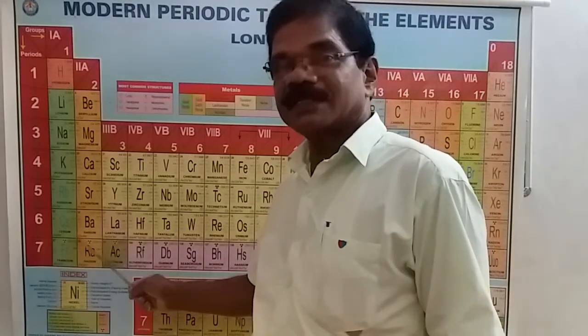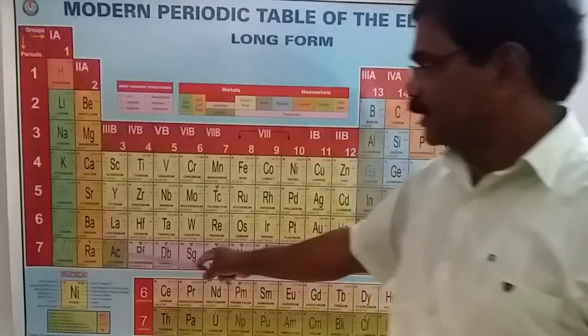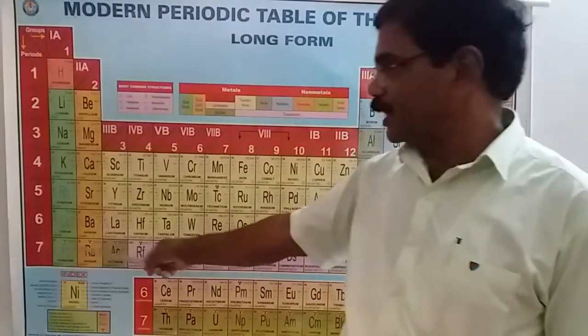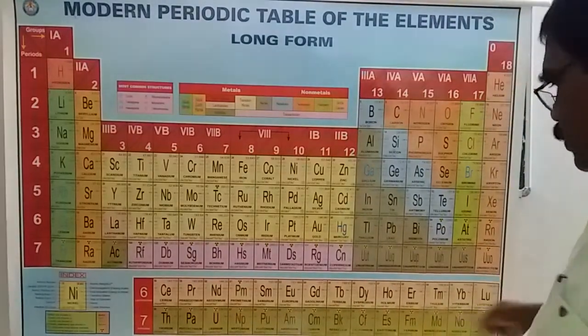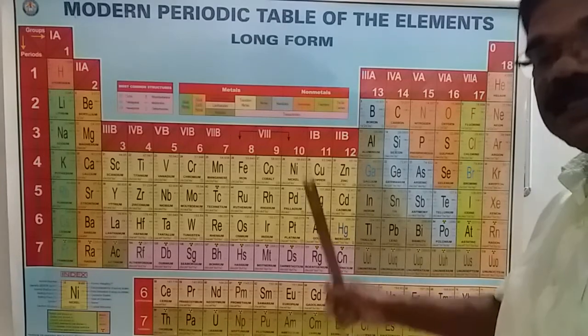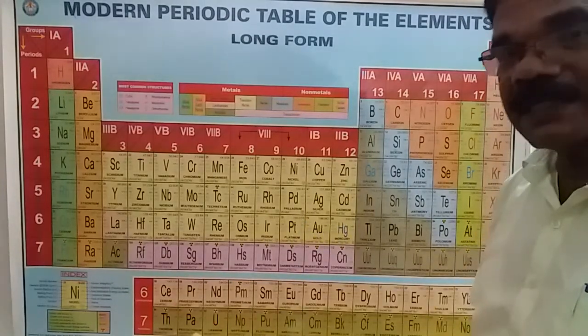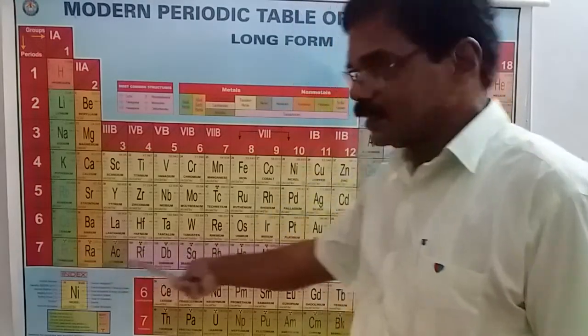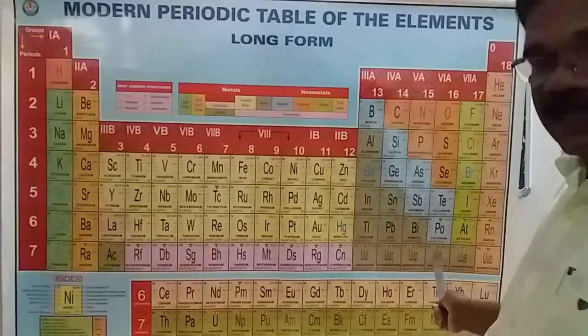Can you say the reason? It has 7 shells. Then there is no doubt 7 shells is the biggest. There is not only 1 element. In the 7th period, we can see 32 elements. Which side is the biggest element, left or right? We learned that from left to right, the size of the atom decreases.